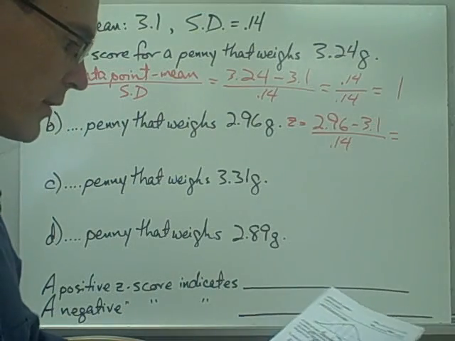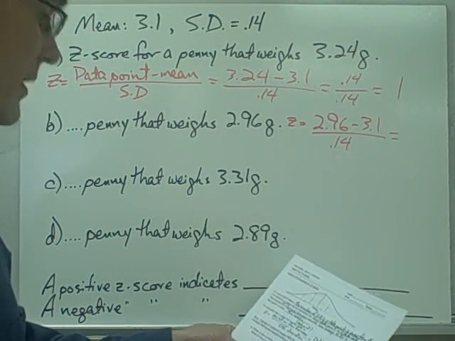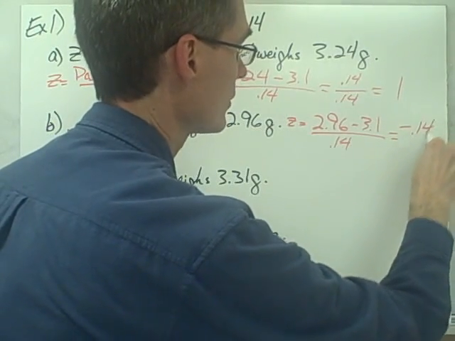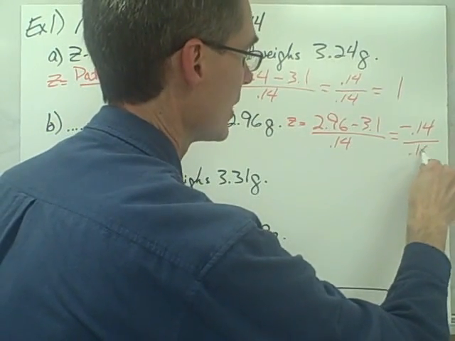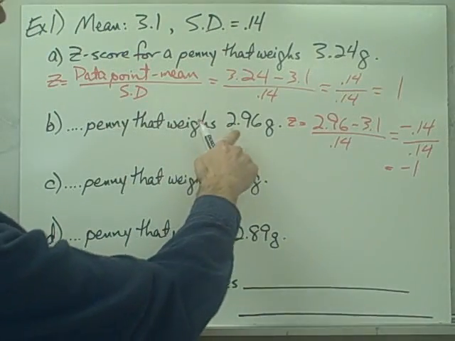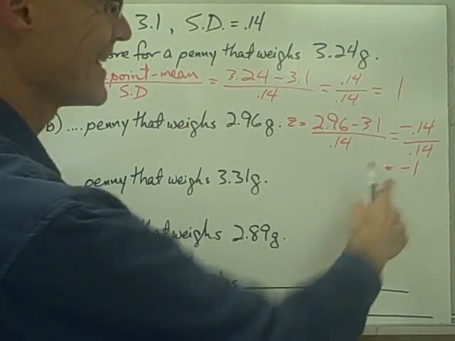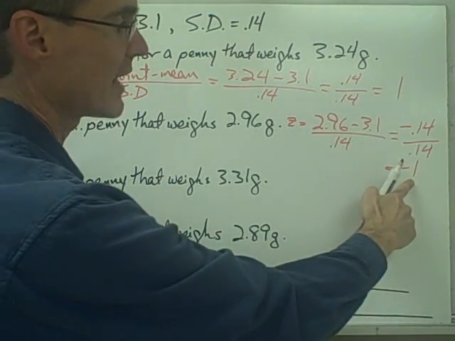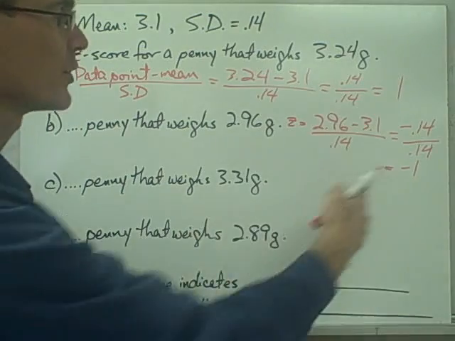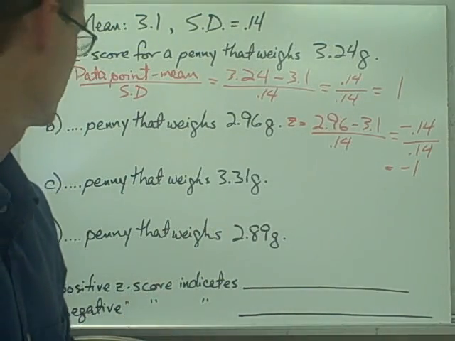And I do a little bit of arithmetic. 2.96 minus 3.1 gives me negative 0.14, divided by 0.14. And so the z-score for a penny that weighs 2.96 is negative 1. This again tells me that it's 1 standard deviation away from the mean, except in this case it's 1 standard deviation below the mean.